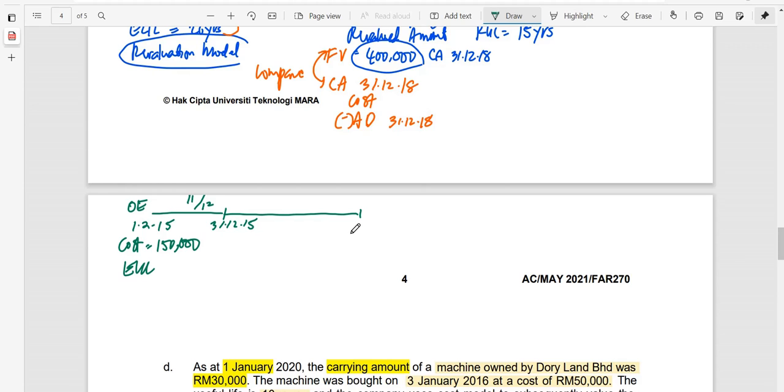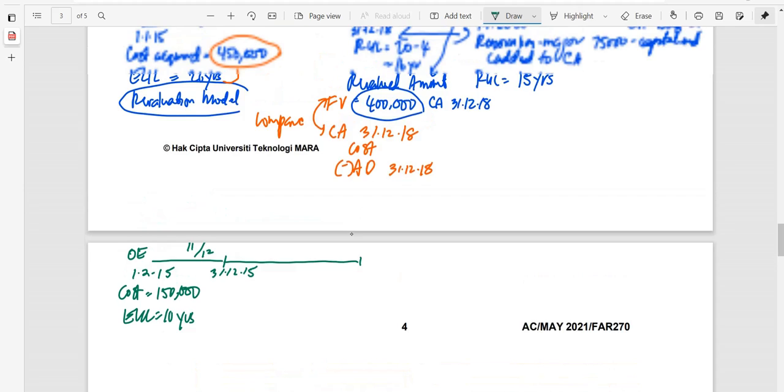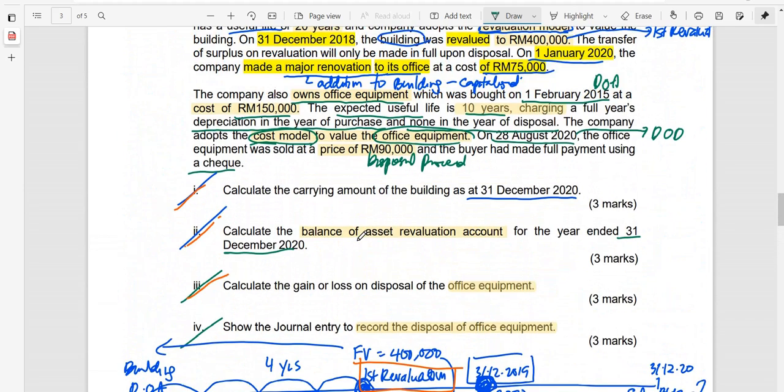The EUL is 10 years. And if you see in the question, you are informed that the company disposed on 28th of August 2020 the whole office equipment, which was sold at the price of 90,000.